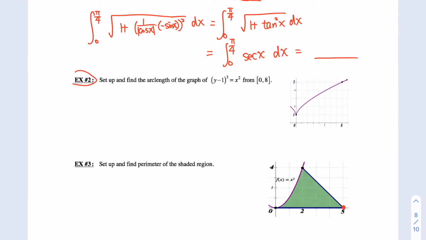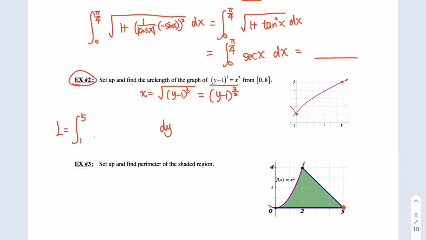Example 2, given function, find the arc length from 0 to 8. So the arc length is given by the integral from 1 to 5 of a function of dy. In this case, we are going to integrate along the y direction. x equals the square root of y minus 1 cubed, which equals y minus 1 to the 3 over 2.